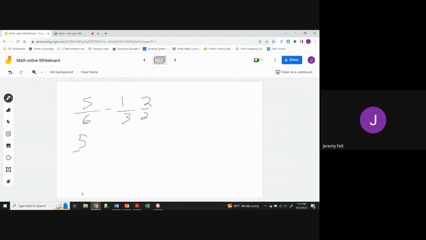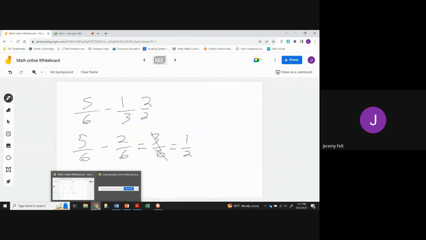So 5, 6 we can actually leave alone, and then this can become 2, 6. We do 5 minus 2 is 3 over 6, but we need to reduce. 3 goes into both of these, so 3 over 6 can reduce down to 1/2, because 3 goes into 3 once and into 6 2 times.